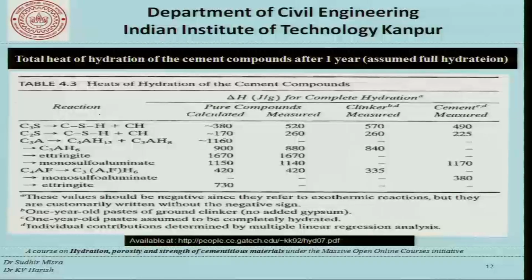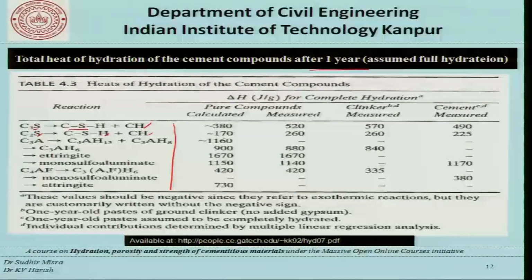Now here this table shows the total heat of hydration of cement compounds after 1 year assuming full hydration, and we can see that as C3S hydrates into CSH gel and the formation of calcium hydroxide, C2S goes into CSH gel and calcium hydroxide and so on.